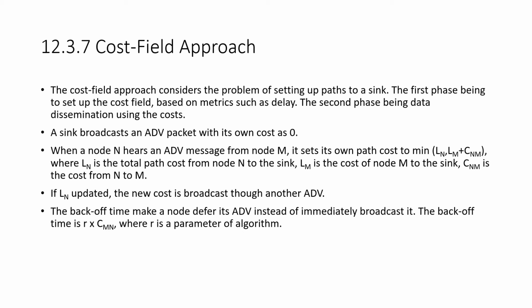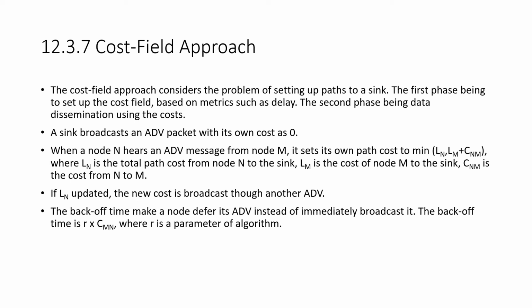When a node N hears an ADV message from node M, it sets its own path cost to the minimum of Ln and Lm plus Cnm, where Ln is the total path cost from node N to the sink, Lm is the cost of node M to the sink, and Cnm is the cost from N to M. If Ln is updated, the new cost is broadcast through another ADV.